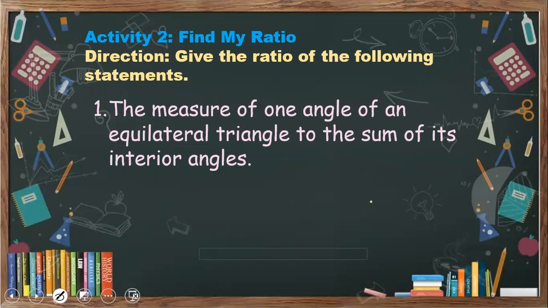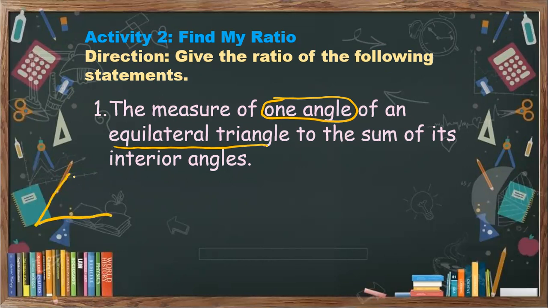How about this one? Can you find the ratios given the following statements? Number 1, the measure of one angle of an equilateral triangle to the sum of its interior angles. So, one angle of an equilateral triangle. When we say equilateral triangle, all sides of the triangle are equal.